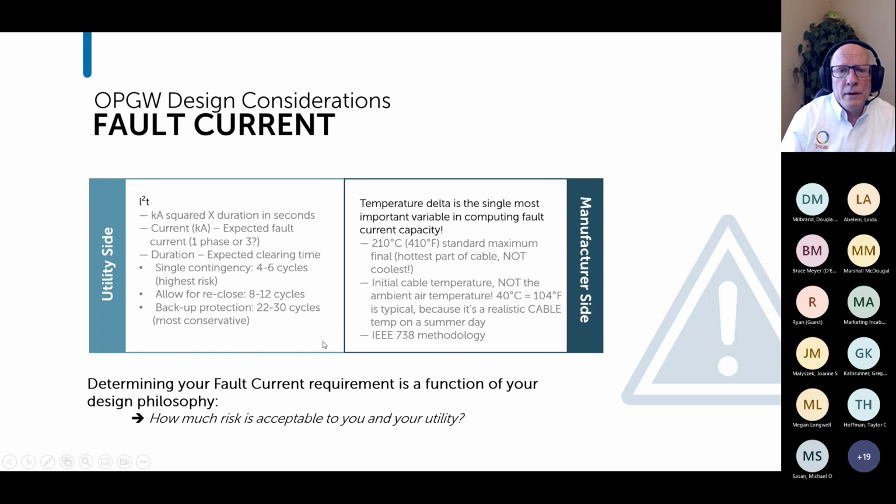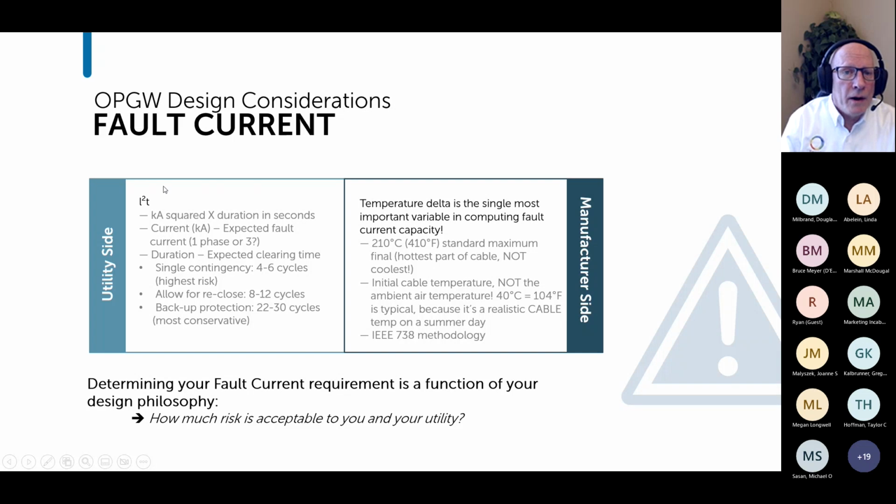The utility side is creating a requirement, and it has these elements to it. Then the cable supplier has to take that requirement and turn it into an actual rating for a cable. The important point for you on the utilities side is that ultimately this fault current requirement is a function of your design philosophy. So how much current am I allowing?